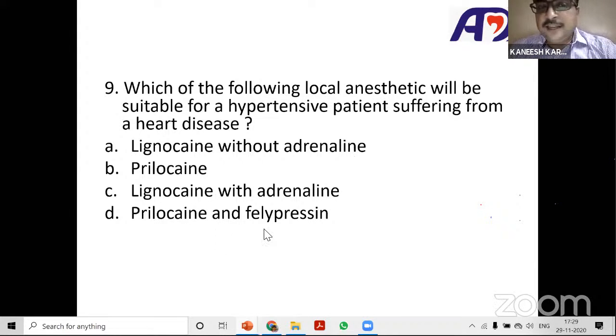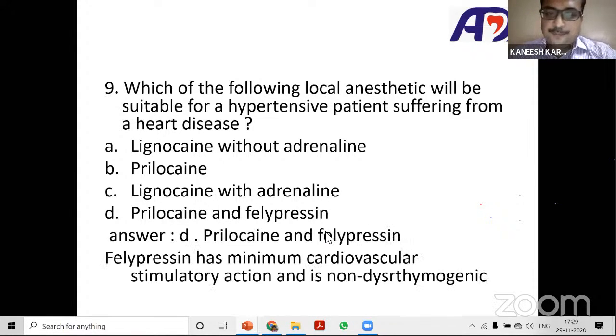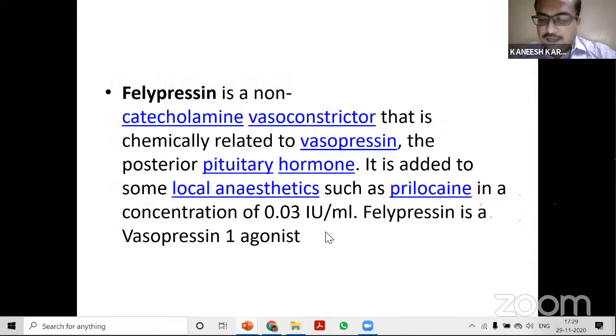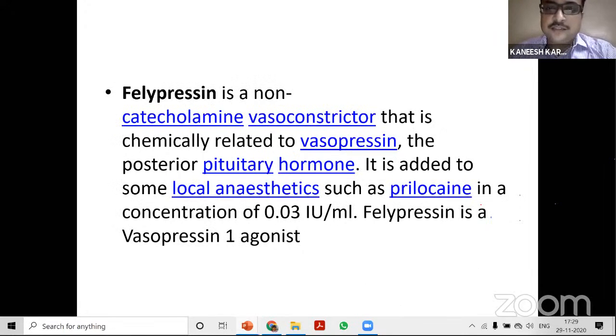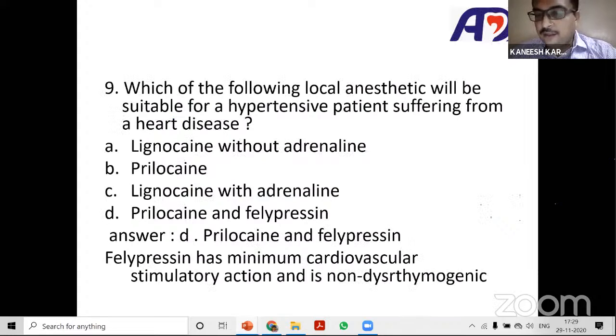But theoretically, it is prilocaine and felipressin, because felipressin has a minimum cardiovascular stimulatory action and is non-dysrhythmogenic. Felipressin is a non-catecholamine vasoconstrictor that is chemically related to vasopressin. So the answer is prilocaine with felipressin. Okay, theoretically. Practically, of course, we all use lignocaine without adrenaline.